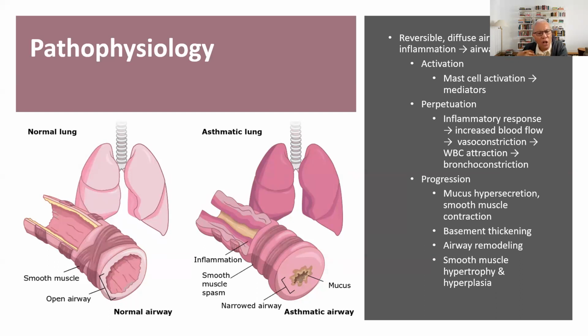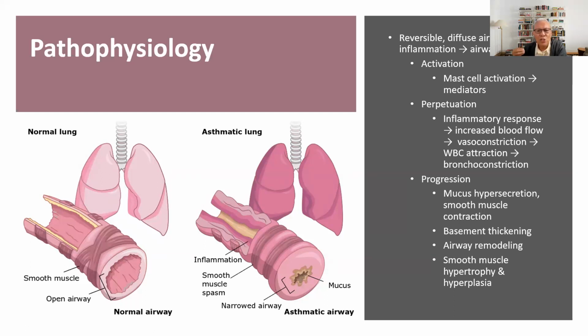The result of continuing this inflammatory response is increased blood flow, vasoconstriction, and fluid leaking from the vasculature to attract white blood cells to that area. And it results in more bronchoconstriction. When we talk about bronchoconstriction, we're talking about the response of the bronchi to allergens.